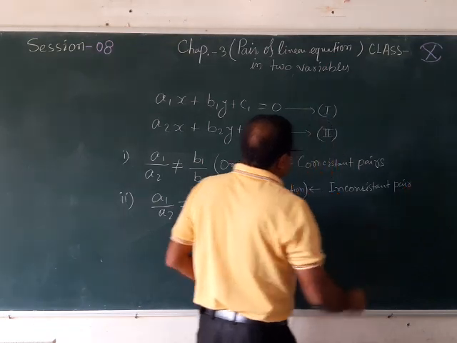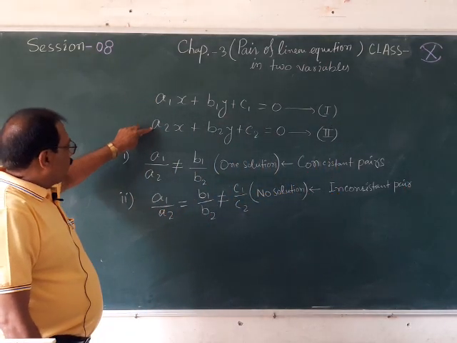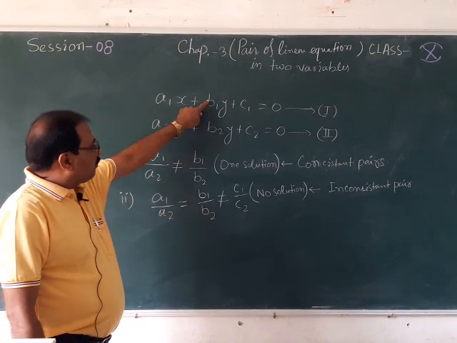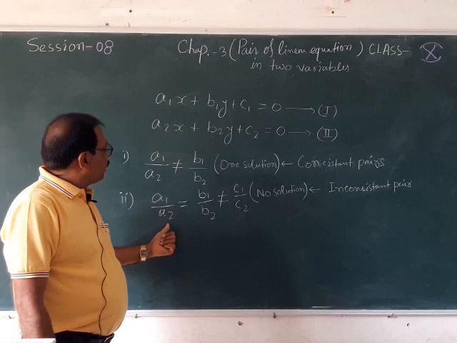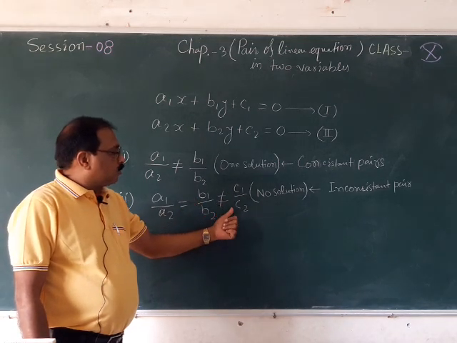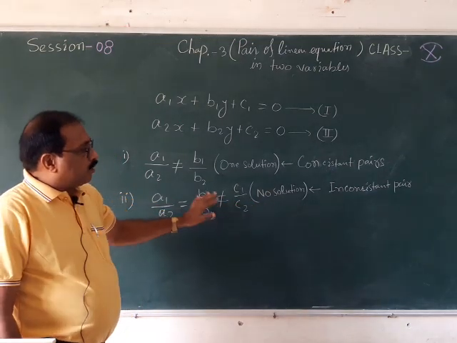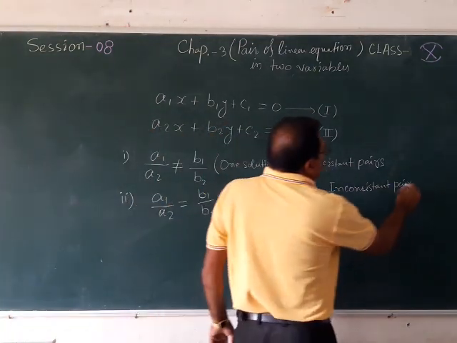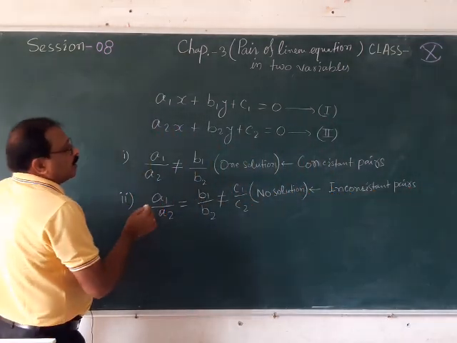At this stage, you write the value of a1 by a2, then you check b1 by b2 and you check c1 by c2. If a1 by a2 is equal to b1 by b2, but it is not equal to c1 by c2, that means you are having no solution and the pair of linear equations is inconsistent.